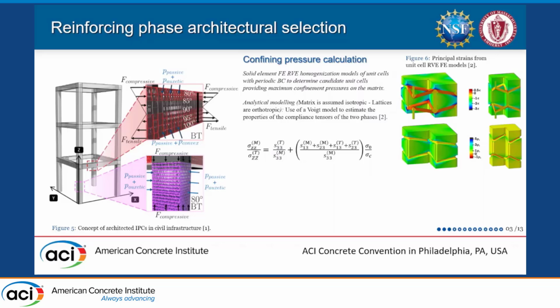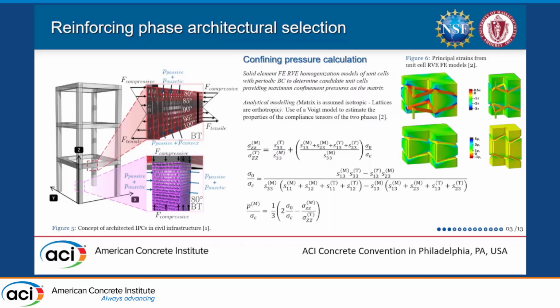Then, using the finite element results, we decomposed these calculations using a Voigt model to estimate the properties of the compliance tensors of the two phases. The matrix is assumed to be isotropic, and the lattices that we have here with tetragonal unit cells are orthotropic. Using this, we were able to calculate the increasing confining pressure percentage-wise using this confining scheme.